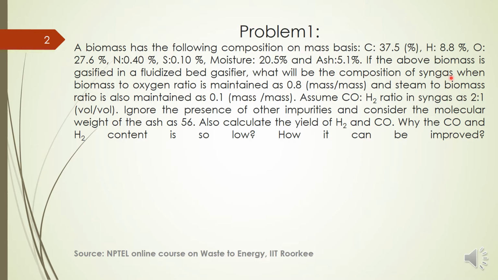And in this it is specified that the biomass to oxygen ratio is specified. That means oxygen will be used as one oxidant, and similarly here steam is also specified. So steam and oxygen are the agents used here, and their ratio mass per mass base of biomass is given.